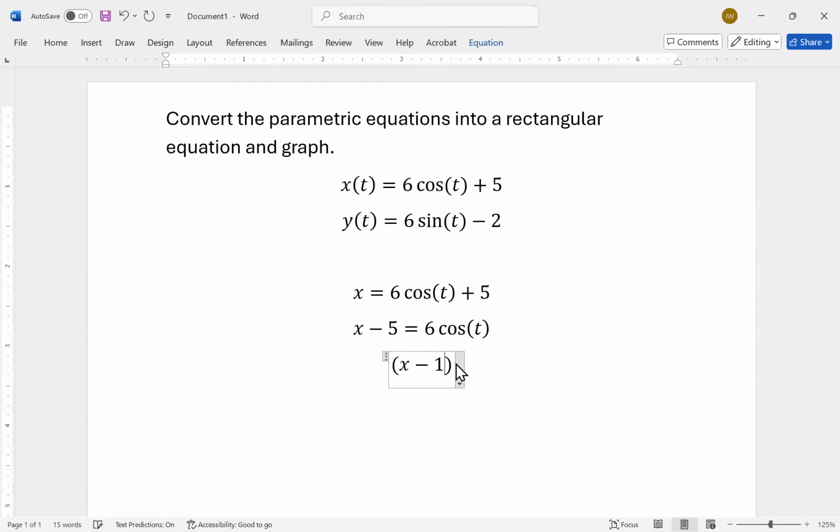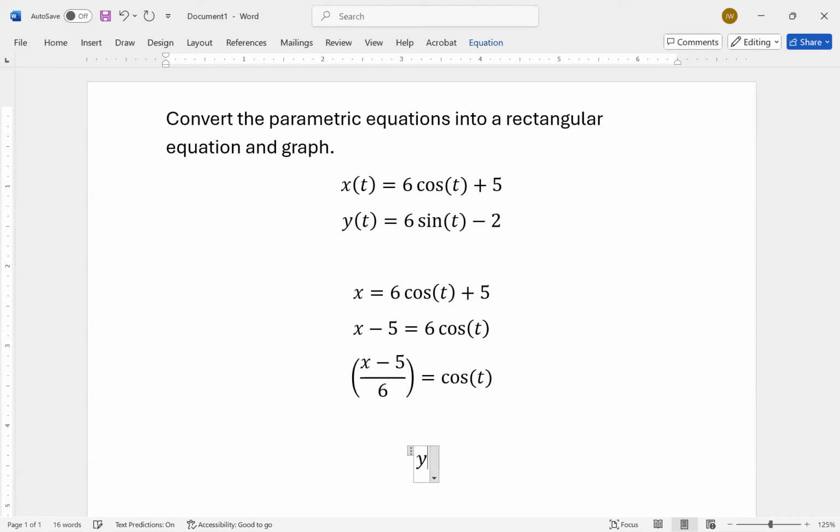So that is cosine of t. Now, in my other equation, I'll solve for sine of t.